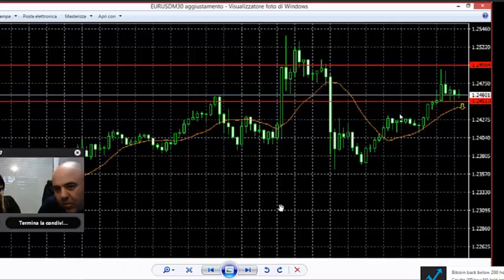This is the reason why we use the grid. Because thanks to the grid, we can see immediately our trading range in case we are square.